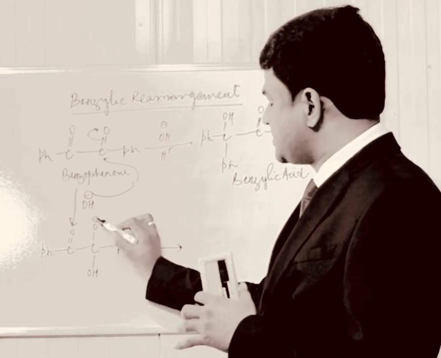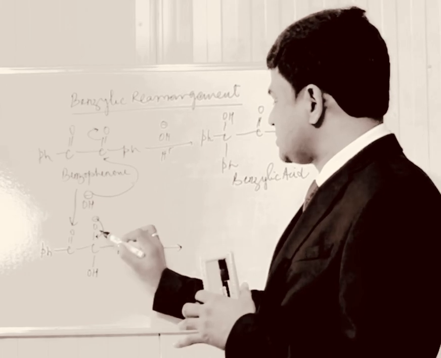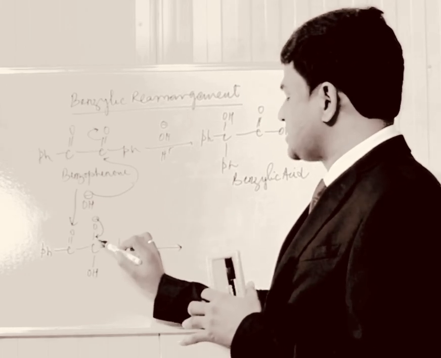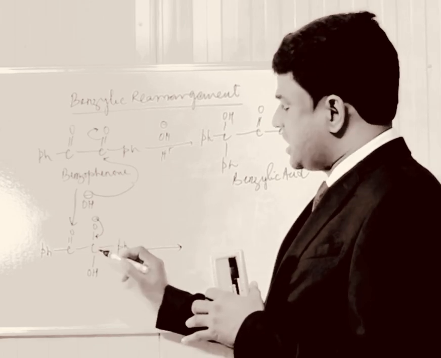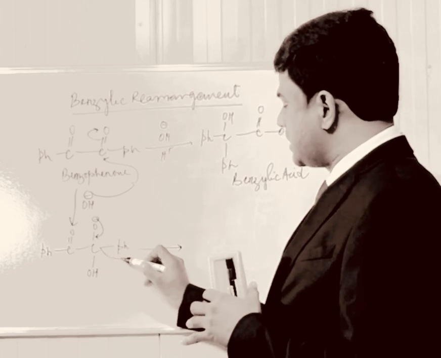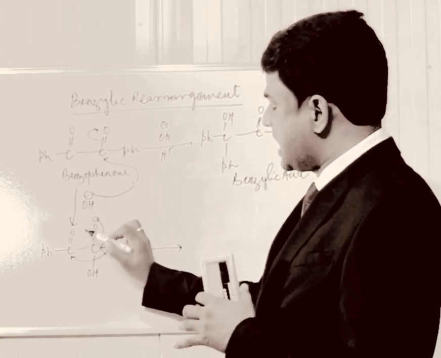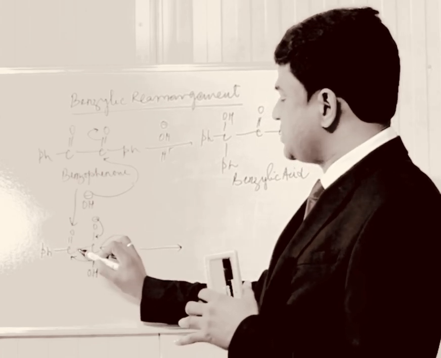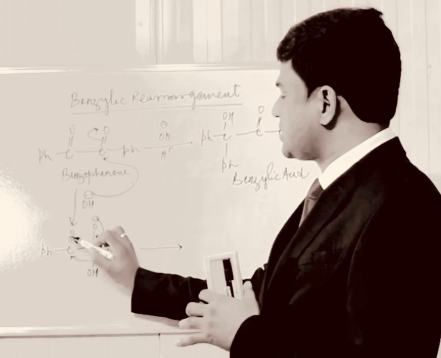there is a shifting of this lone pair or minus charge in between this carbon and oxygen, and therefore formation of a double bond, and therefore the valency of carbon is five. Then this phenyl group is shifted to this carbon, and again the valency of this carbon is five due to the shifting of this phenyl to this carbon.